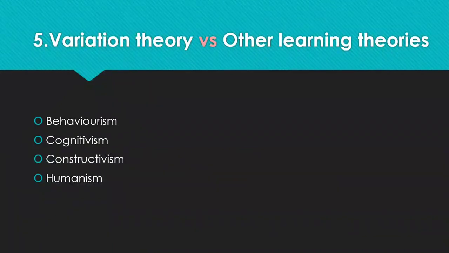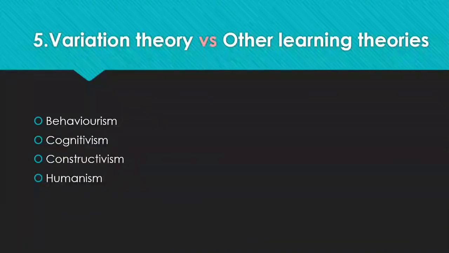Although they do it in different ways: cognitivism describes the learning process as an information processing model, like from short-term memory to long-term memory, and constructivism emphasizes that knowledge is constructed based on prior experience. But anyway, these two learning theories both describe a detailed and whole process of learning.